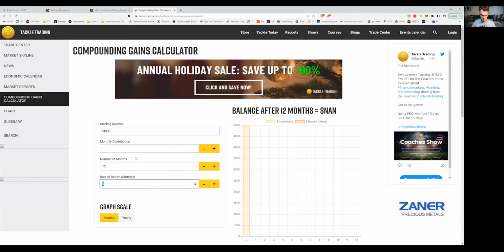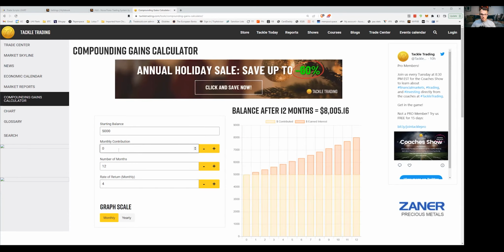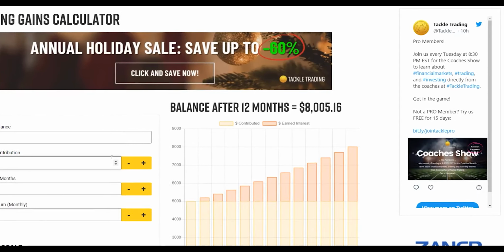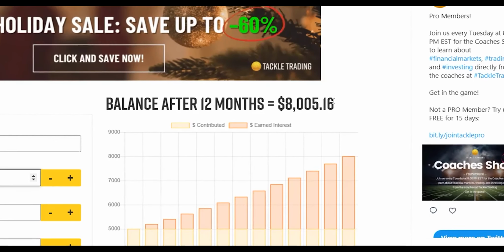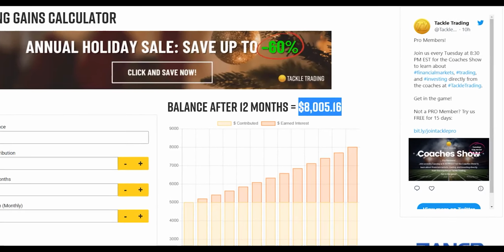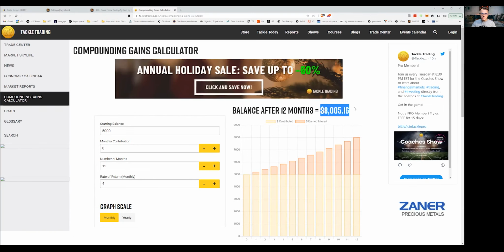But I'm not going to put 6.7% here. Instead I'm going to be putting 4% rate of return average on a monthly basis. And let's see now, at the end of the first year, the balance is around $8,000 US.